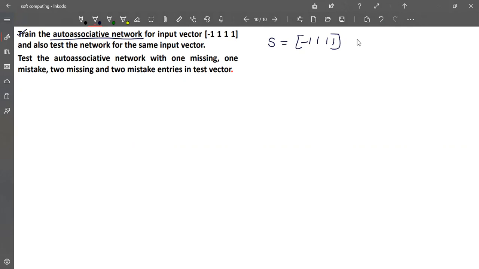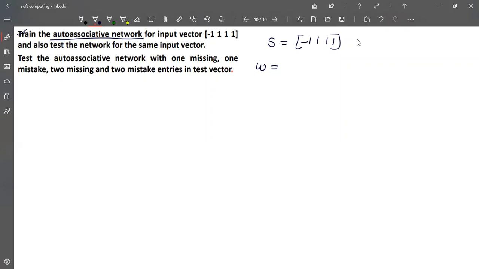So in the first step, we have written our given input vector, and now we have to compute the weight. The weight is computed as the sum of the product of the transpose of our given input vector into our given vector.